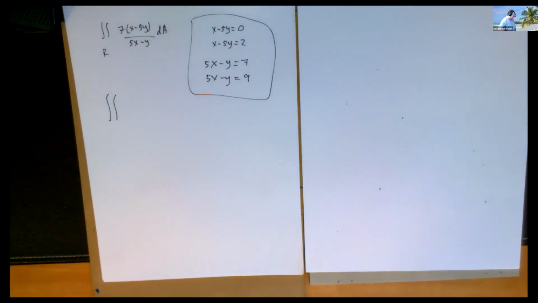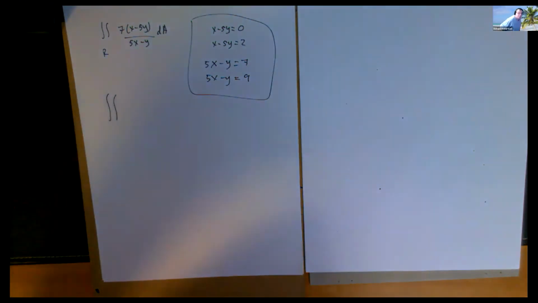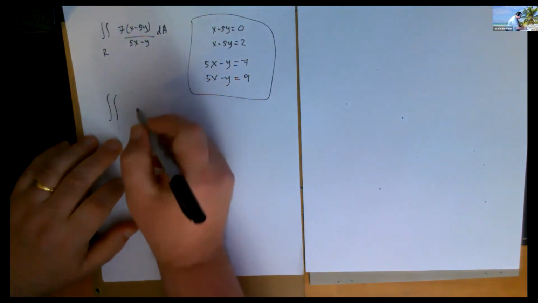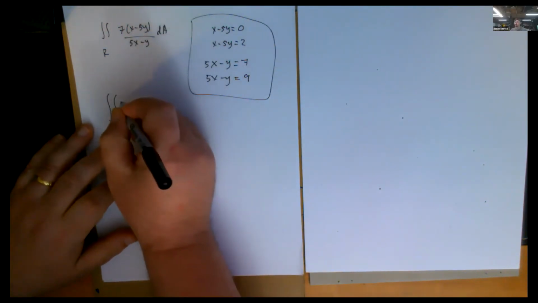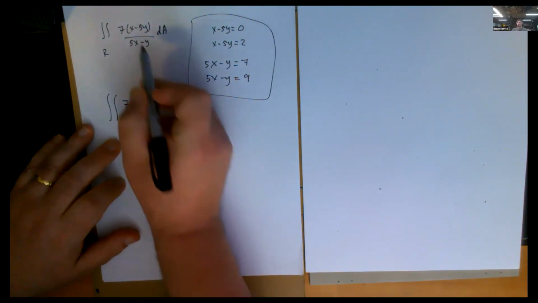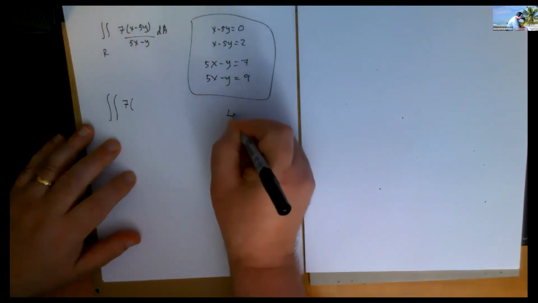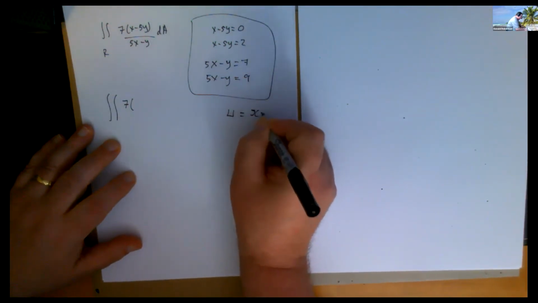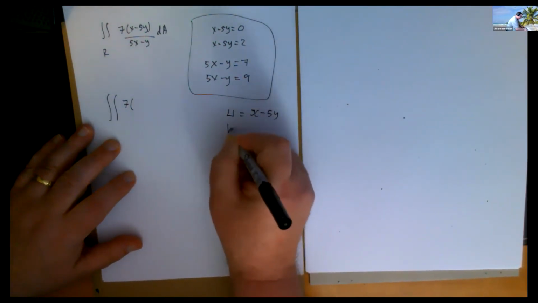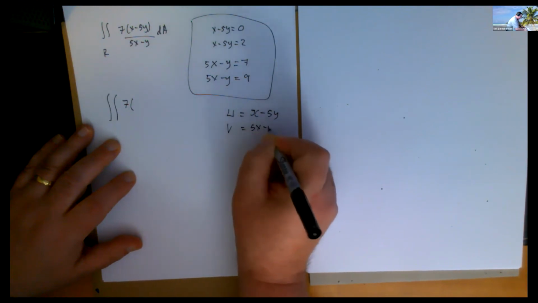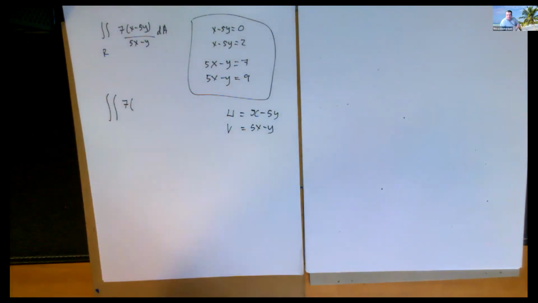So essentially it's a change of variable. I'm going to call u equal to x take away 5y, and I'm going to call v equal to 5x minus y. Are we all happy that it's kind of obvious what the change of variables is going to be?